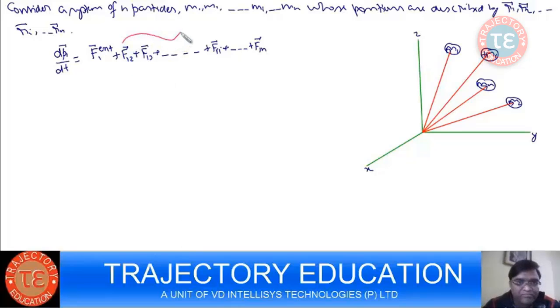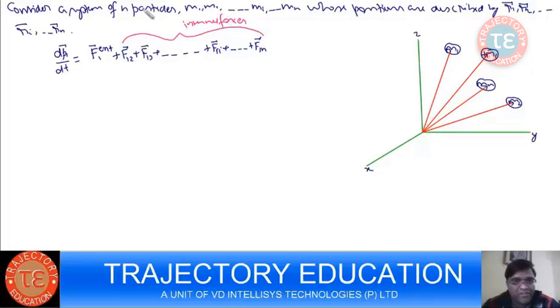So these are all internal forces. We call them internal forces. When do you call a force internal? Suppose I have considered a system of n particles, then the force which these particles exert among themselves is the internal force. These particles are part of the same system. You have to choose a system. In fact, the system is chosen by the observer.